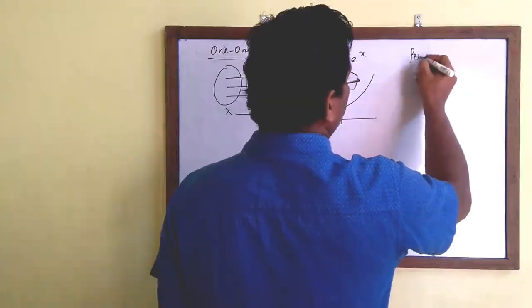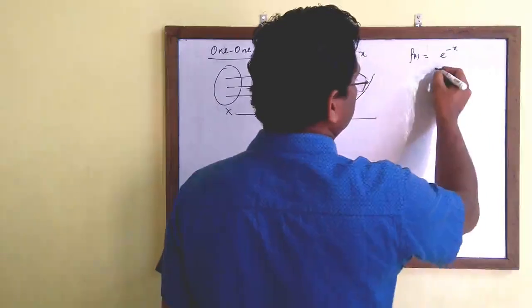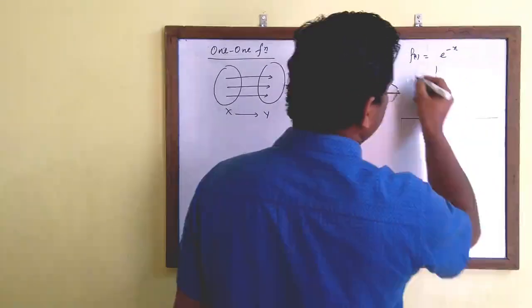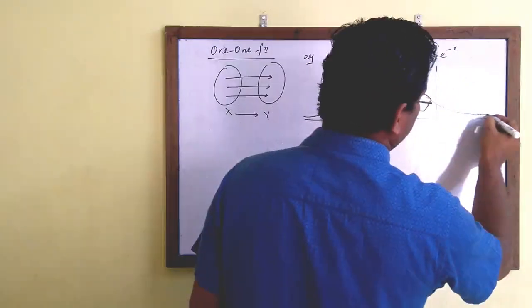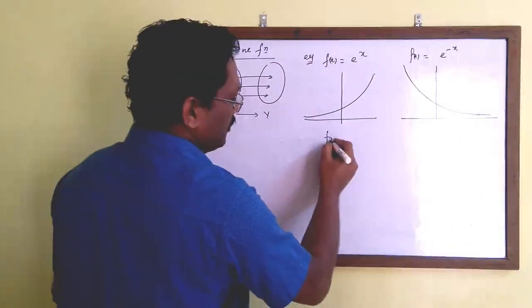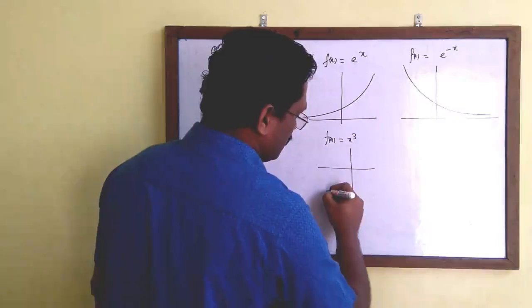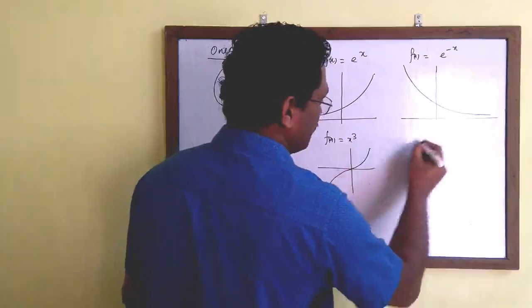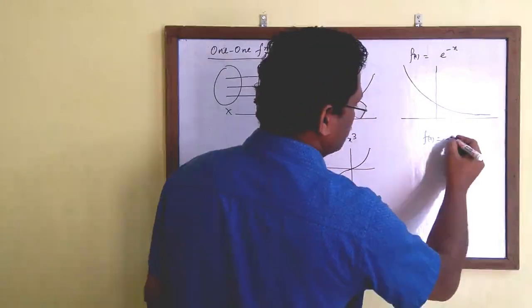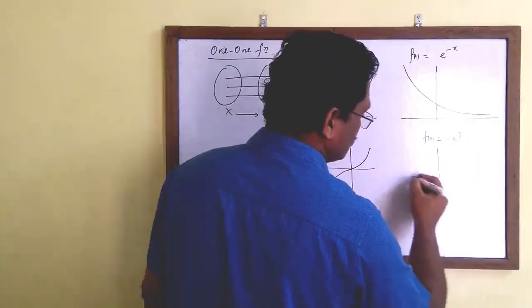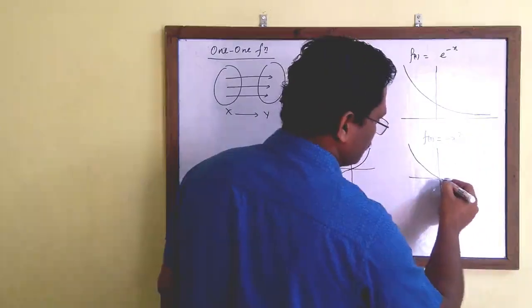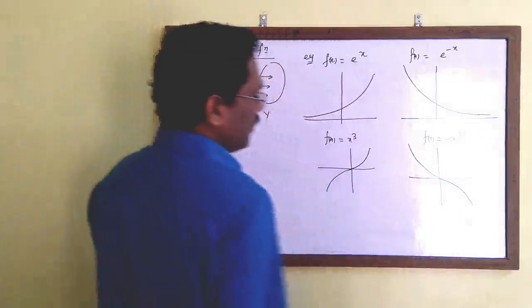And f(x) equal to e to the power minus x forms a graph like this. Now f(x) equal to x cubed has a graph like this, and f(x) equal to minus x cubed has a graph like this.